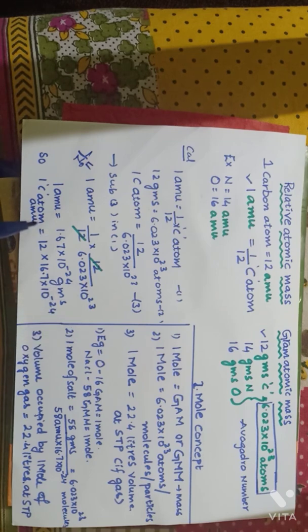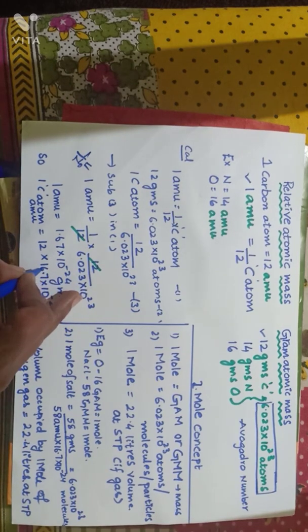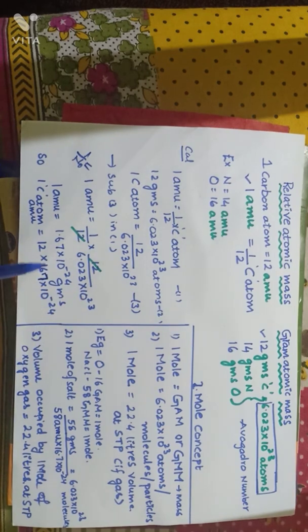For example, if you take any molecule like carbon dioxide or methane, then you take its mass into 1.67 into 10 power minus 24.